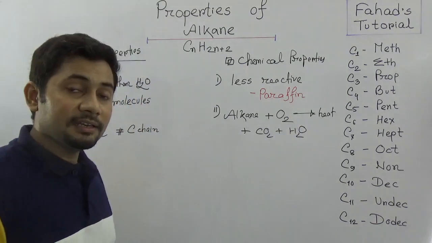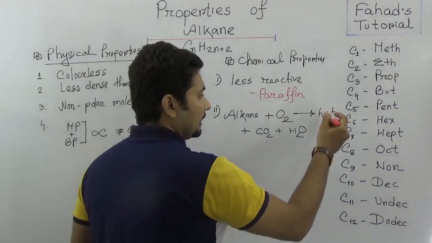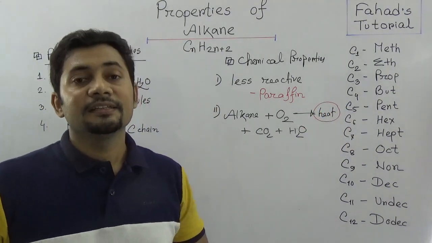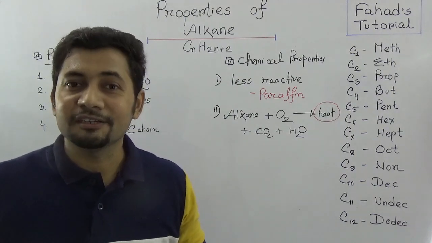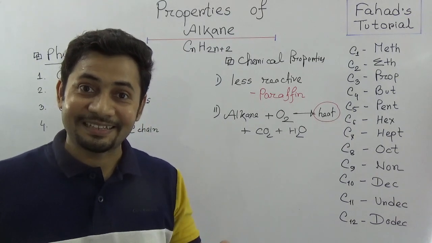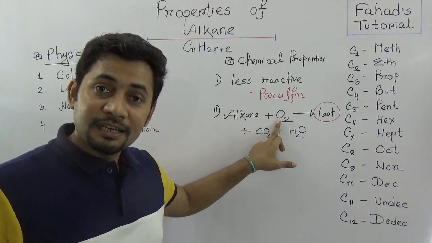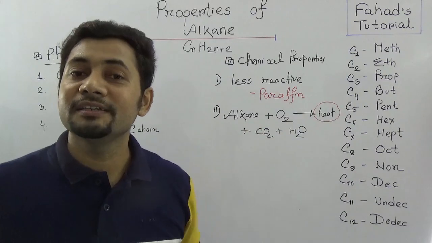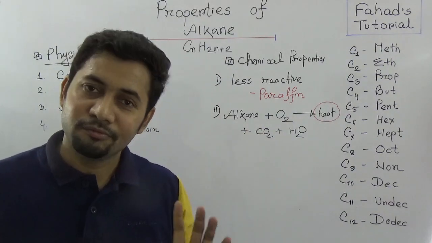But most importantly, it produces huge heat. As heat is produced after combustion of alkane, alkane is used as a fuel. Like definitely you have heard about octane. Octane is an alkane, and when it is oxidized, a huge amount of heat is released, and that is why alkane is used as a fuel.